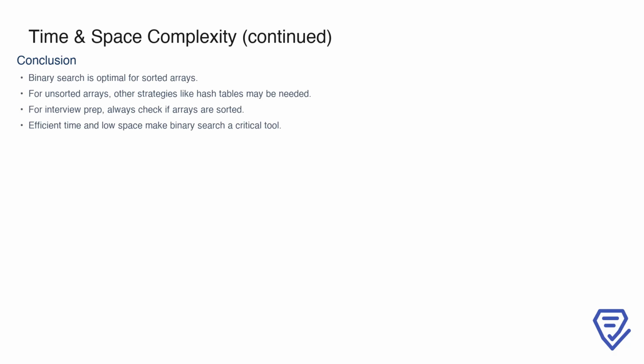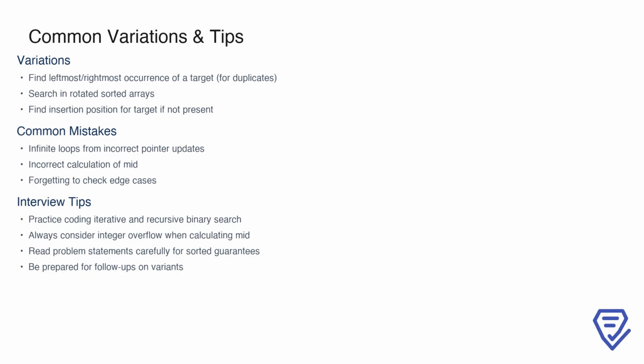practical problems. Let's finish with common variations, mistakes, and practical tips for LeetCode problem number 704. The basic binary search may be extended to find the leftmost or rightmost occurrence of a target, which is important when the array contains duplicates. Other variants involve searching in rotated sorted arrays or finding the right insertion position if the target is absent.